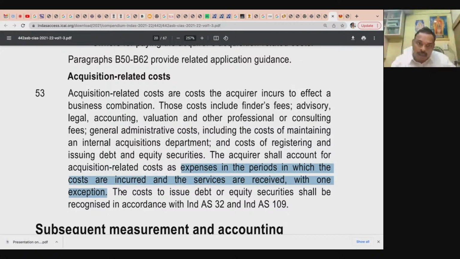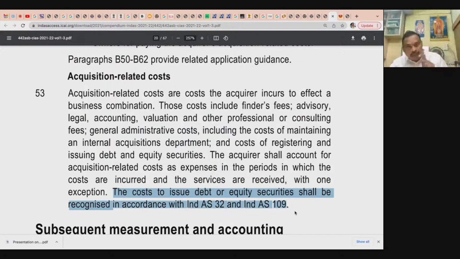Okay. The only exception is the cost of debt and equity securities, which will be treated as per Ind AS 32 and 109, because there they say you need to find the cost.